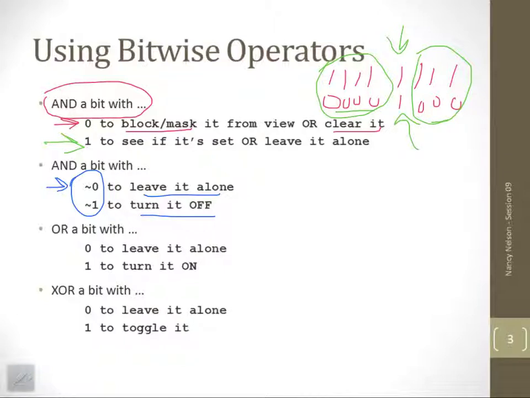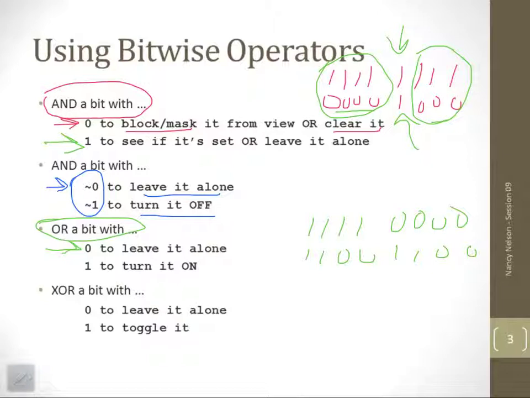Now, we can also OR things, and if we OR something with 0, it's going to leave it alone. So let's take a look at an input value of 111, and let's do half and half this time. So if we OR something with, we'll OR it with CC.